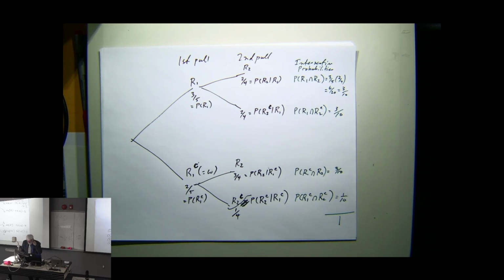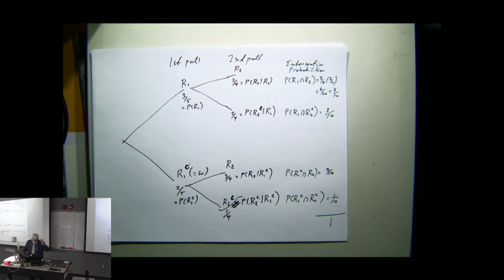Now, why did we beat all that to death? Why did we go over it again? Well, we want to make sure that we understand what we're looking for when we ask for the probability of R1 union R2. And so if we want R1 union R2, what have we got?